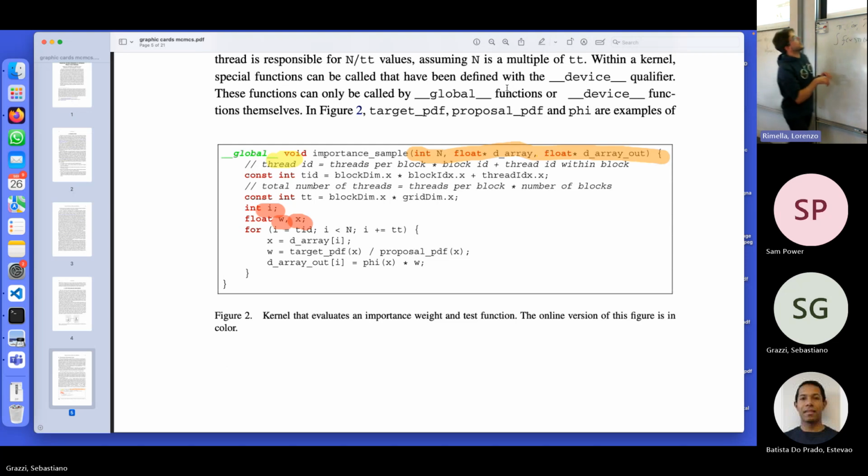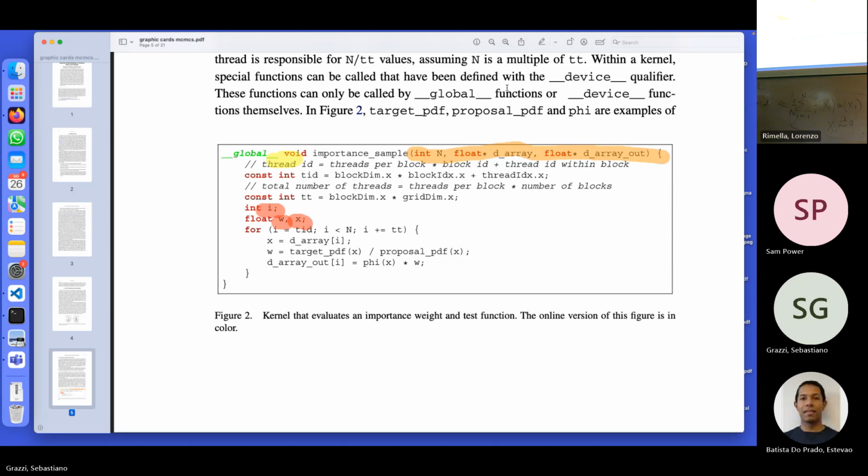What I wanted to stress here is that, first of all, we pre-allocate the output. The output is given as input. So we have the number of Monte Carlo samples that we want to simulate, the input array, which is our IID random variables from the distribution q, and then an output vector, which can be initialized in any way because we're going to write on it.